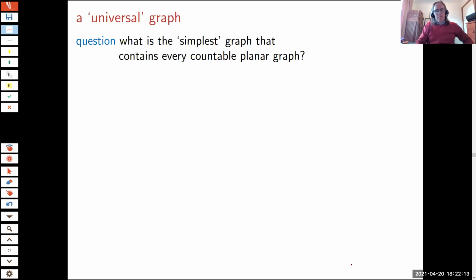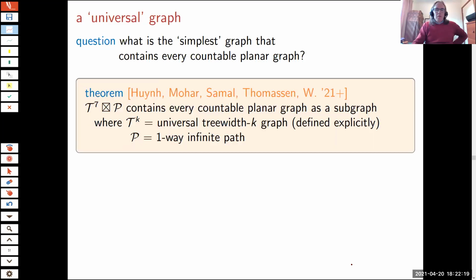There's lots of ways to measure simplicity, but we'll talk about that in a second. And what we showed is that you do get a graph that's pretty good as a universal countable planar graph. It's not planar itself, but it still has lots of the properties of planar graphs.